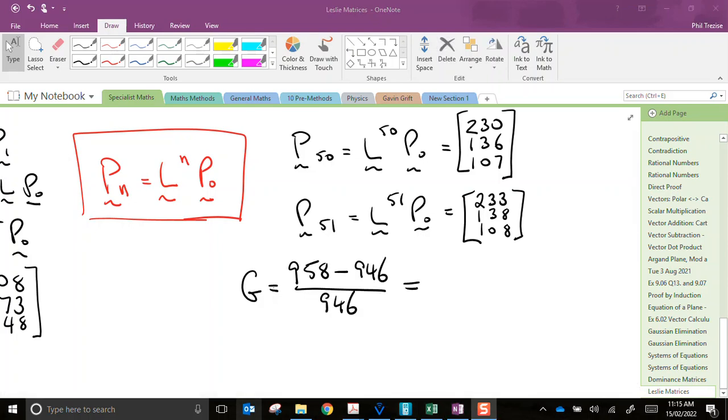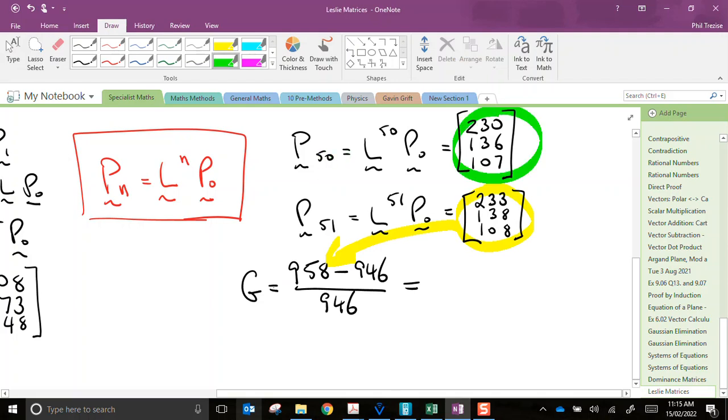Okay, so there we are. What I've done for the growth factor is I have added together all of those and doubled it to give the number 958. Then for the previous one, I have added together all of those, remember they're just the females, and doubled it, and that gave me the 946. So I'm looking at the actual increase after one cycle compared to the one at the beginning there, the P50.